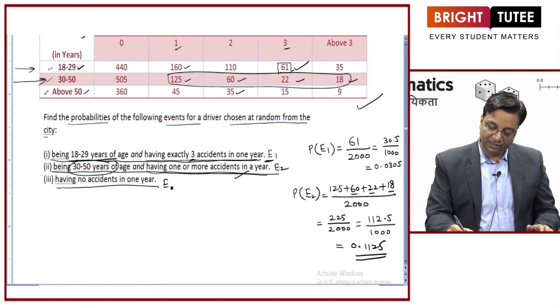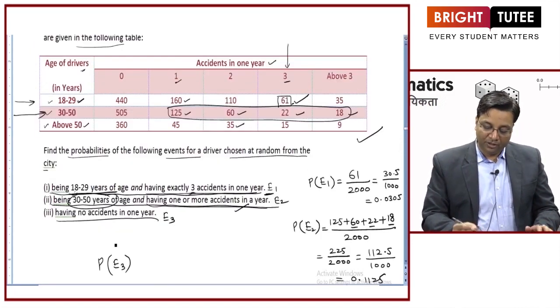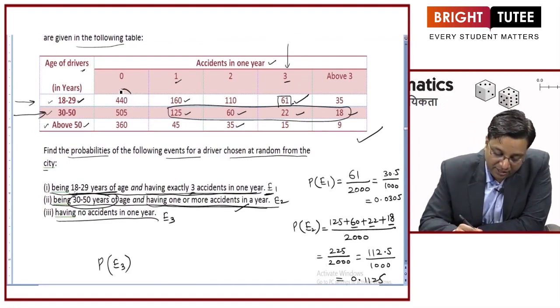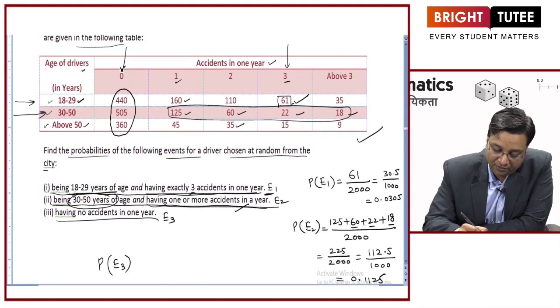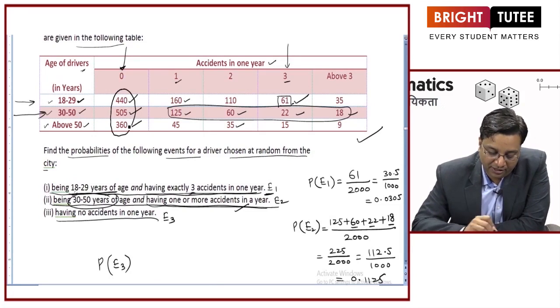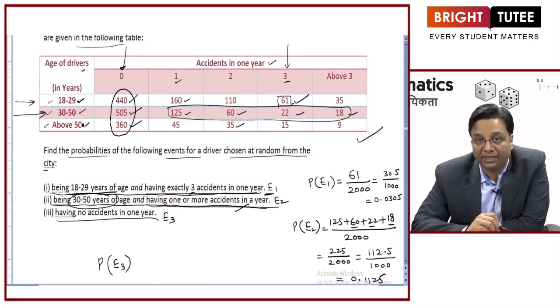Having no accidents in 1 year, let us define it as event 3. So probability of E3. Zero accidents in 1 year were for these drivers. 0 accidents were there with 440 in the age group of 18 to 29, 505 drivers of the age group 30 to 50, 360 drivers of above 50 age group.